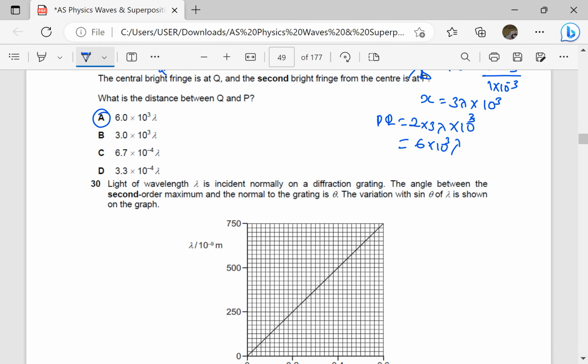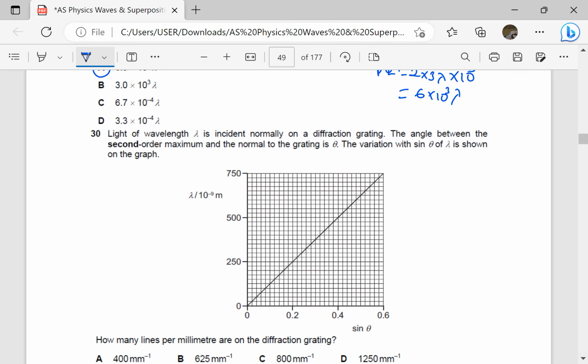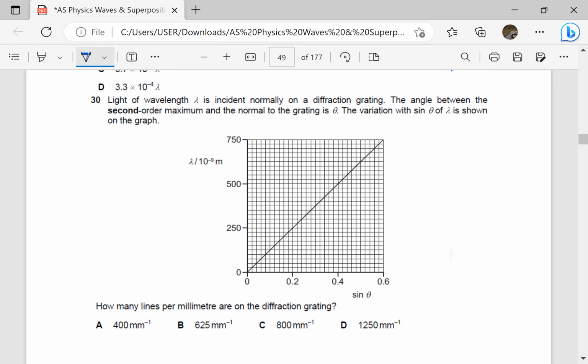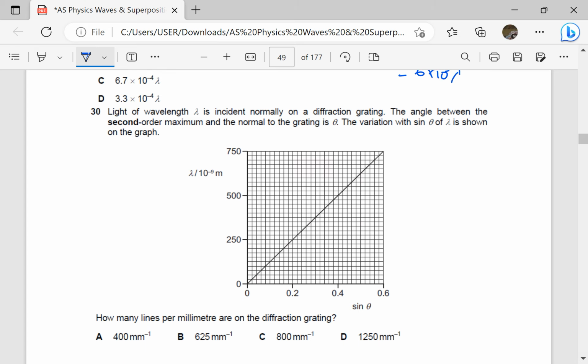Light of wavelength lambda is incident normally on a diffraction grating. The angle between the second order maximum and the normal to the grating is theta. The variation with sine theta of lambda is shown here. How many lines per millimeter are on the diffraction grating?